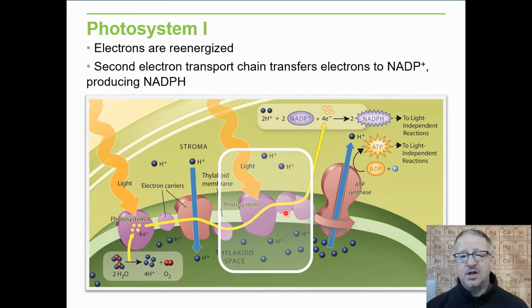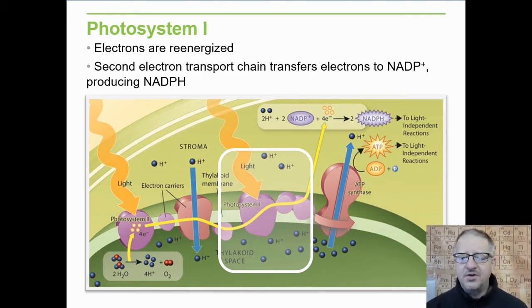So look closely at photosystem 1 here, and you will notice that the pigments in photosystem 1 are going to get struck by light again. So we're getting more light energy into the system, and this really re-energizes those electrons. The electrons continue to follow this yellow path through our illustration here.